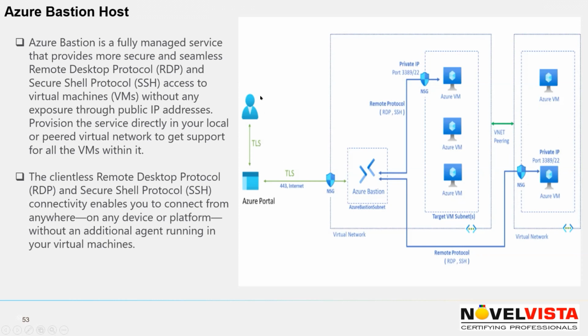This user can actually use this Bastion host to connect to all the 3 VMs which are part of the same network where Bastion resides, as well as to these 2 VMs which are part of a different virtual network. That's the answer to your question. Making sense, guys?